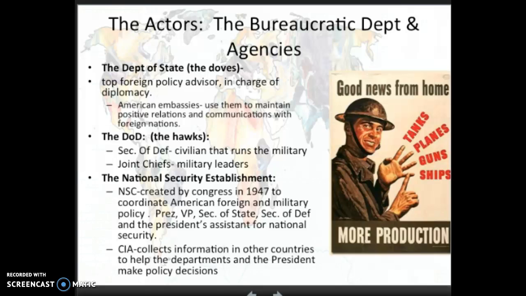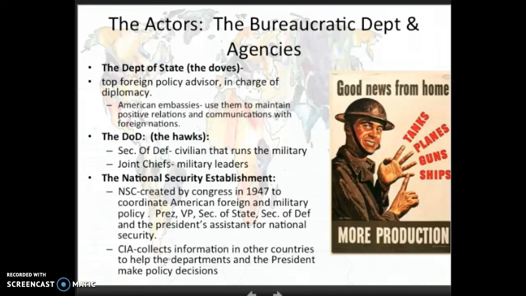And then you have the National Security Establishment. This is the National Security Council. The National Security Council, an agency created by Congress in 1947. The intention of the National Security Council was to coordinate American foreign and military policy.